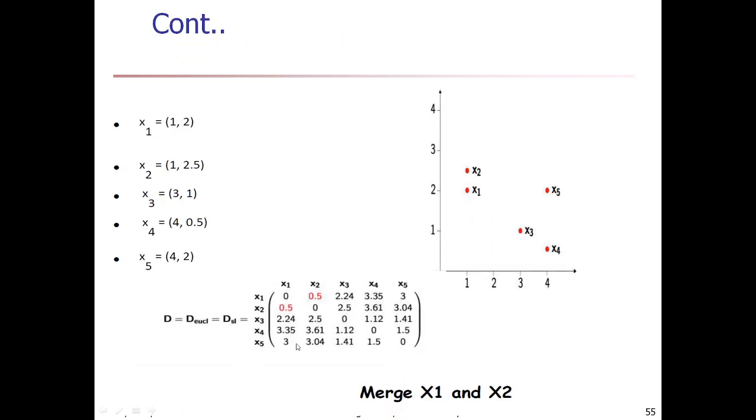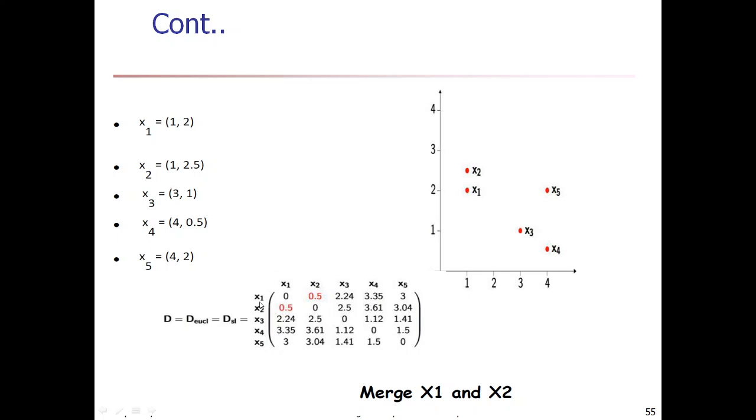To find the distance matrix, we use methods like Euclidean distance or Manhattan. So we use the Euclidean distance. According to the formula of Euclidean distance, the square root of (x1 minus x2) whole square plus (y1 minus y2) whole square, we get the distance.